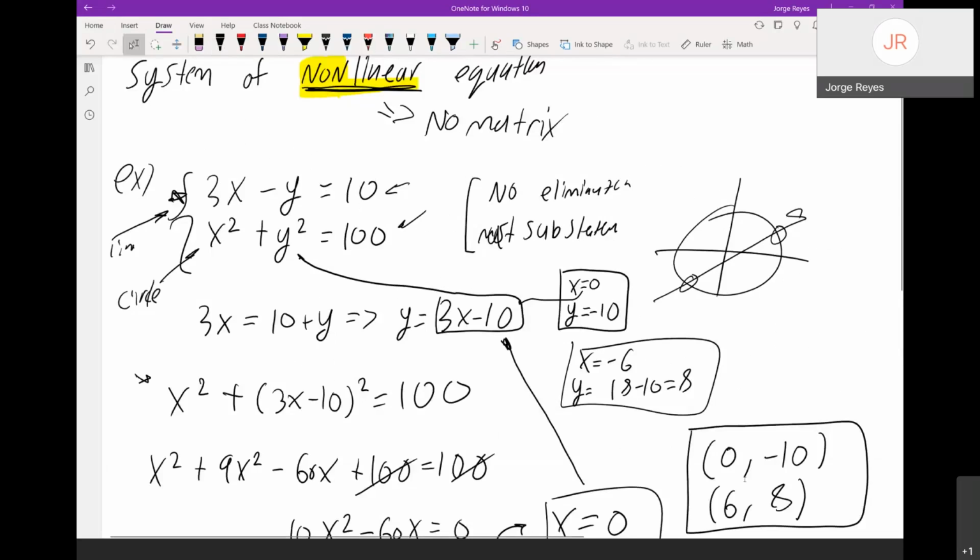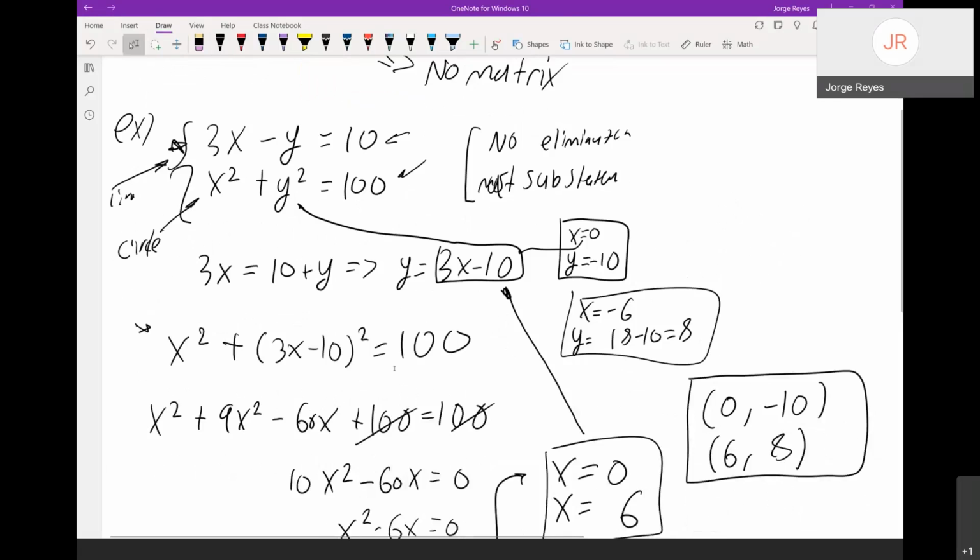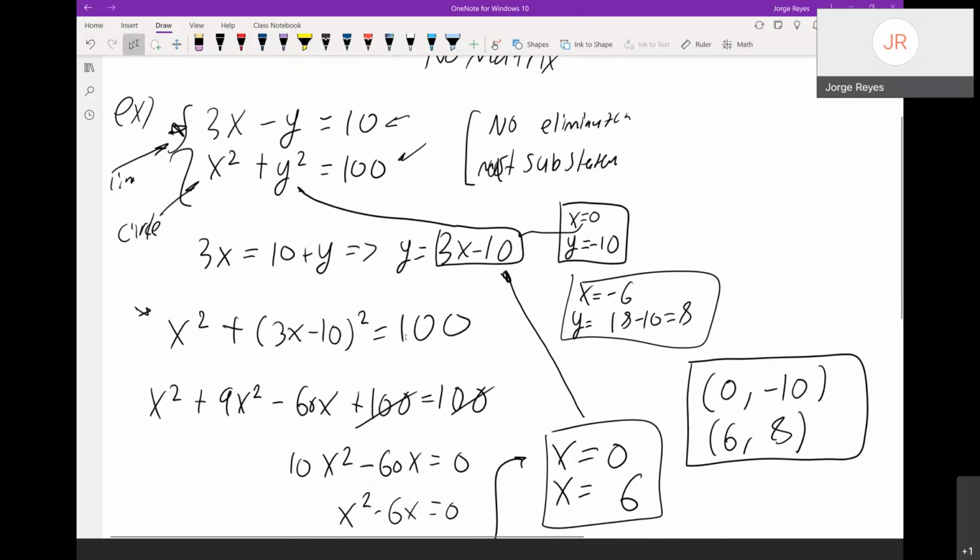And the answer is these 2 points, okay? All right. But there you go. Okay, so it's honestly not that much harder. It's just you have to be a little creative at the very start. You have to know how to get your system of 2 equations, 2 unknowns, back to 1 equation, okay?